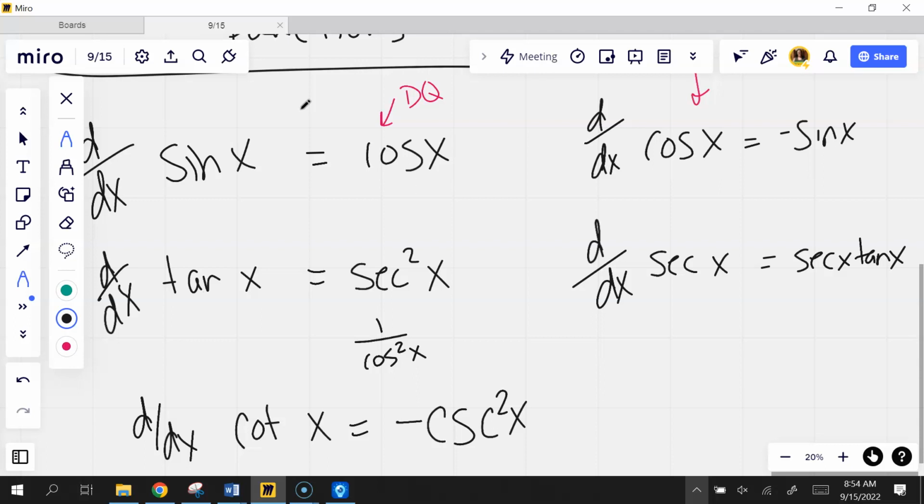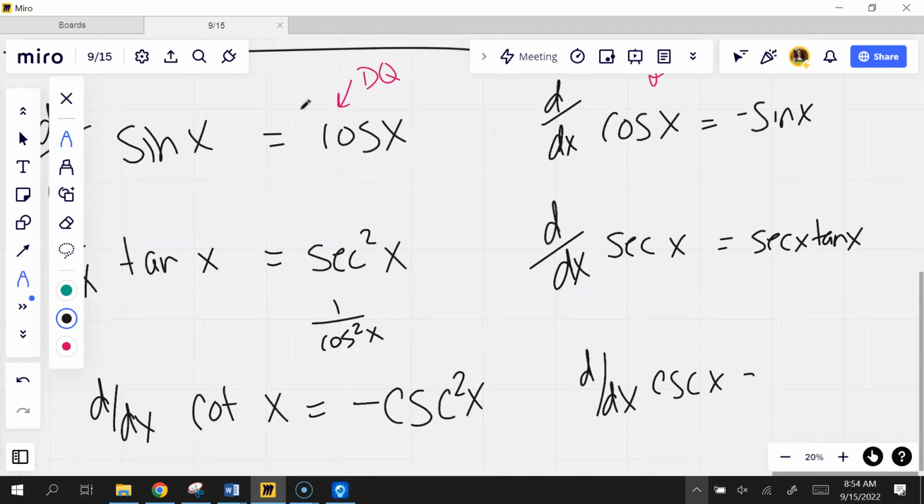Gross. And then finally, the derivative of cosecant x. This one's hard for me. Negative cosecant x cotangent. We're going to be doing lots of manipulation with trig functions.